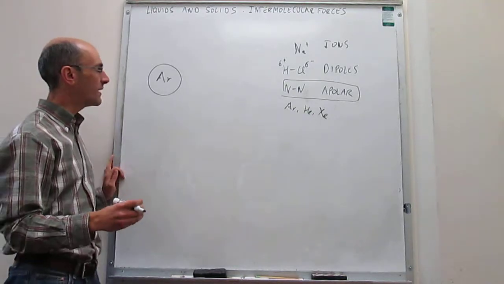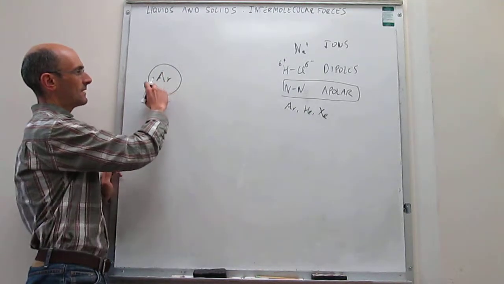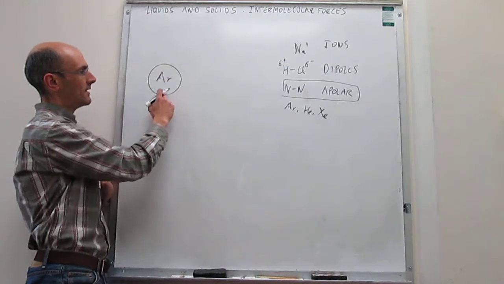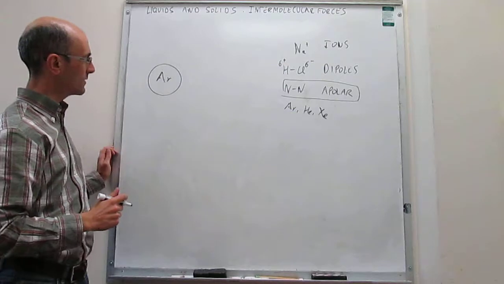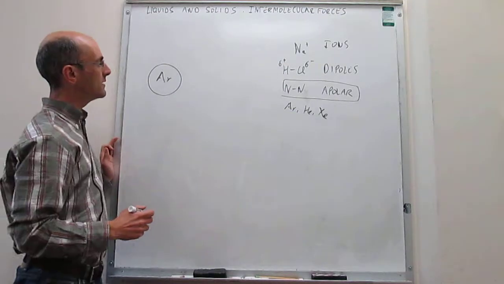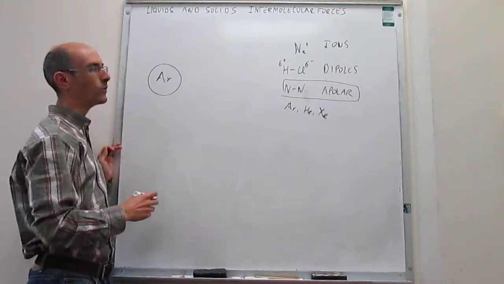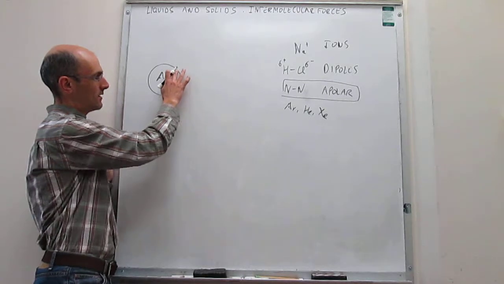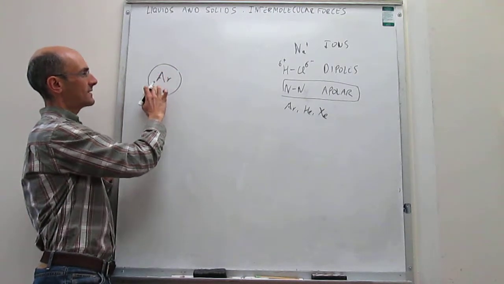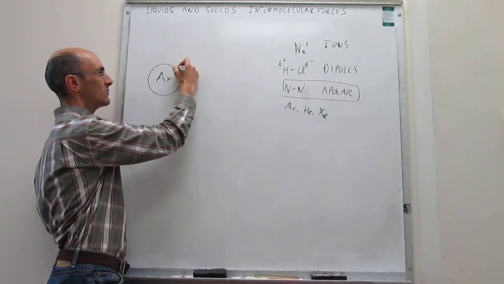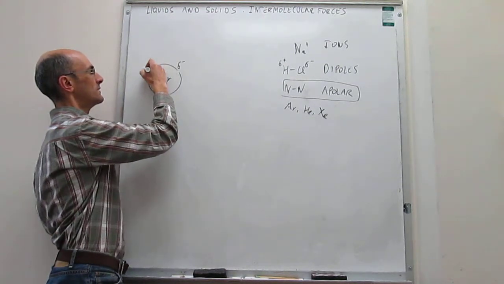On average, you're going to have exactly the same electronic density in any direction around that nucleus. But temporarily, it is possible that there might be a fluctuation whereby there is an excess of electrons on this side of the atom versus that side, and that induces a temporary dipole moment.